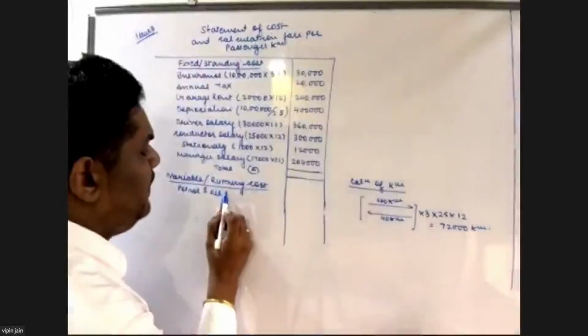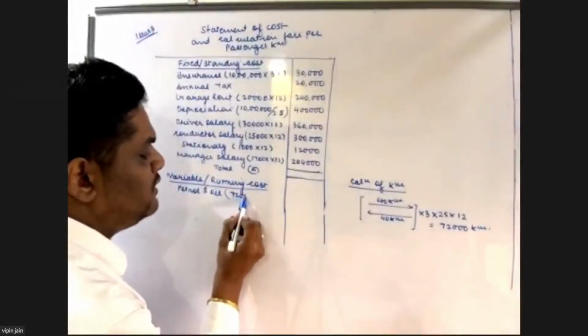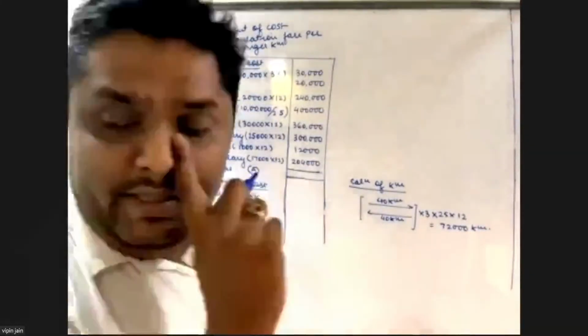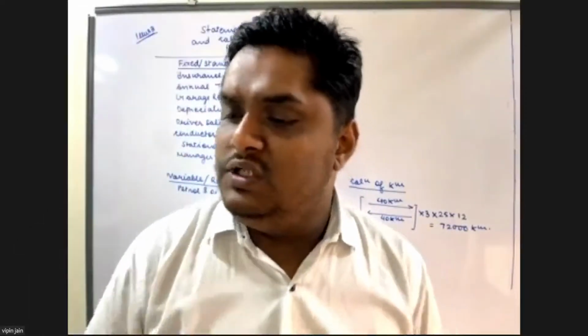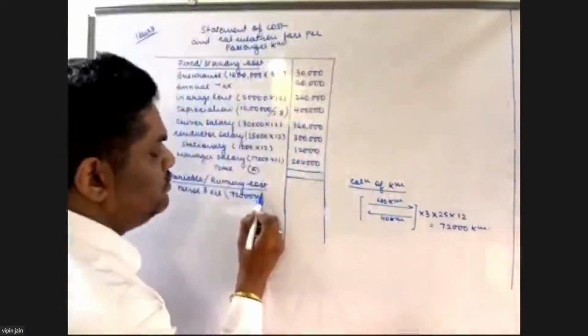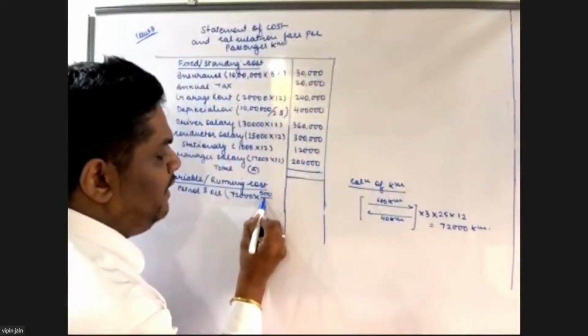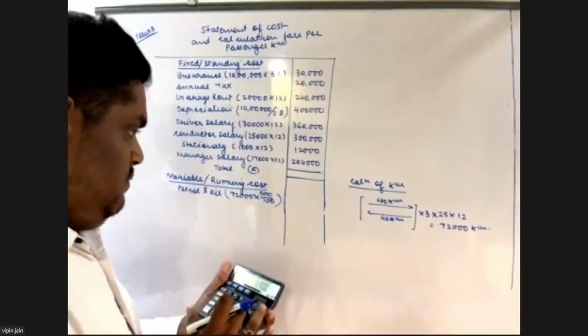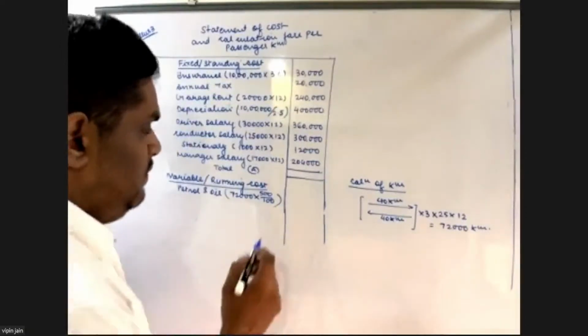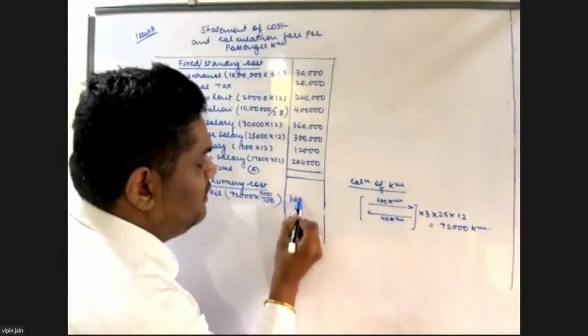So when talking about petrol and oil, 72,000 kilometers. Now it is given in the question that for every 100 kilometers, the cost will be 500. So 72,000 into 500 divided by 100, that is 3,60,000.